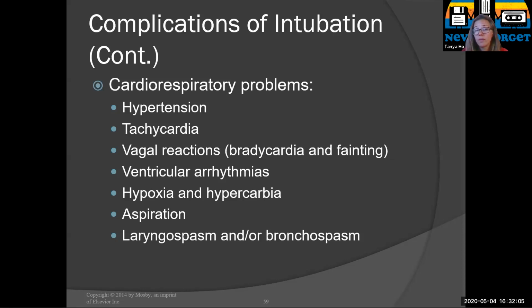If we are over ventilating and using too high of pressures, that will cause the patient to vomit and aspirate. It's not a question of if it's going to happen to you, it's a matter of when. Everyone during an intubation procedure will see somebody vomit. What you're going to do is turn them to their side and try to just suction that out. That's why you have to have suction equipment available and ready to go. Okay, so you can see here's a whole list of problems.